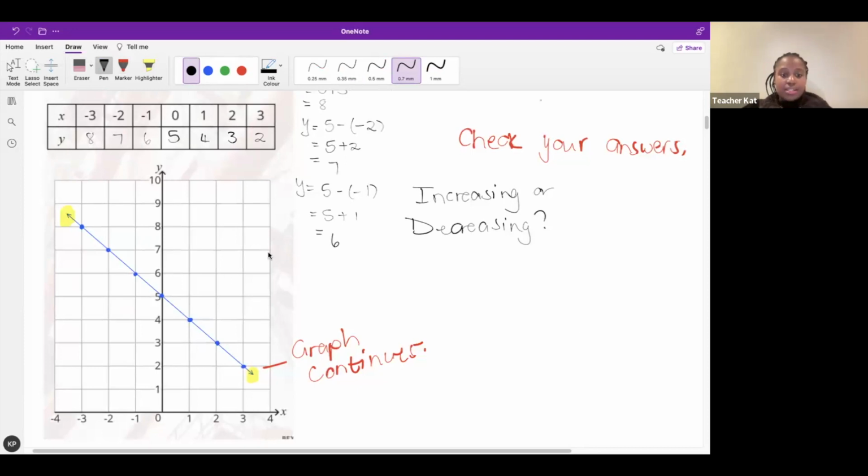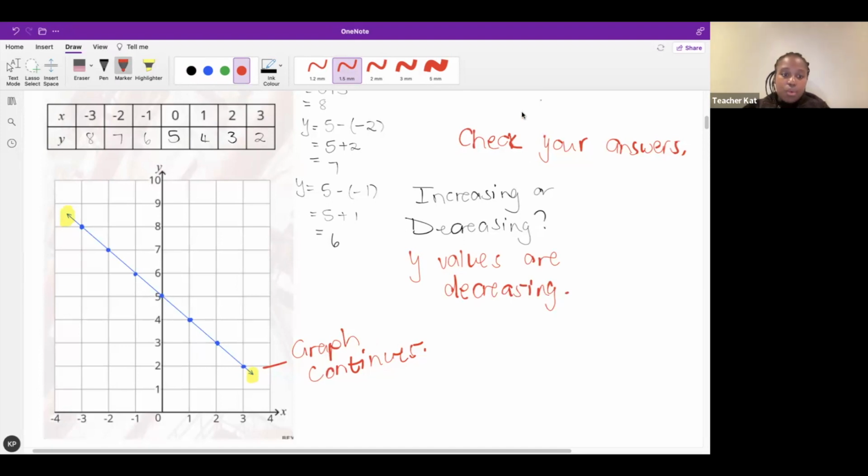Why do you guys say it's a decreasing graph? Which values do we look at when we decide whether it's an increasing or a decreasing graph? Nice, Alice. We look at the y values. So you say y values are decreasing. So this is a decreasing graph.